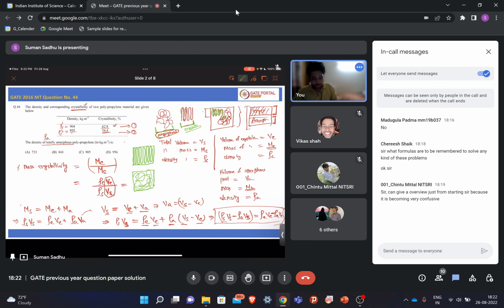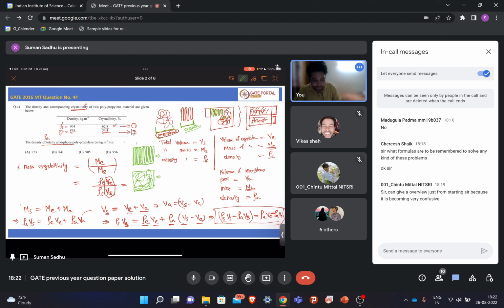So now you can see from these two schematics whose density is higher, the totally crystalline polymer or the amorphous polymer. You can just look at the schematic and get an idea that here the spacing is very close, it is arranged in a regular fashion, and the spacing is also very small.